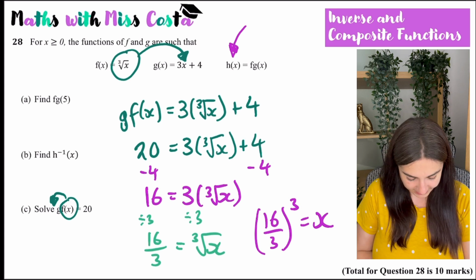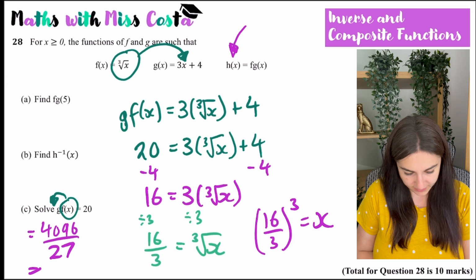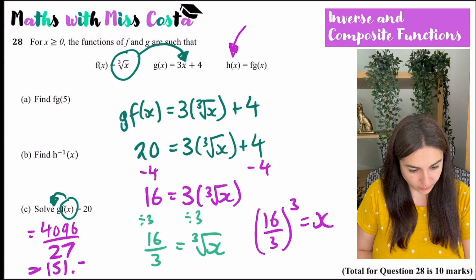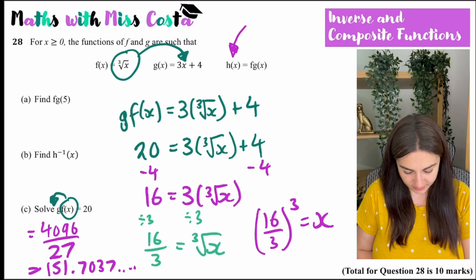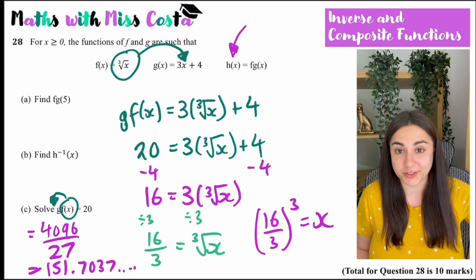Okay, so that equals 4096 over 27, which if I turn it into a decimal is 151.7037. It hasn't asked me what to round to, so I don't need to worry about that. I could even leave it as a fraction.